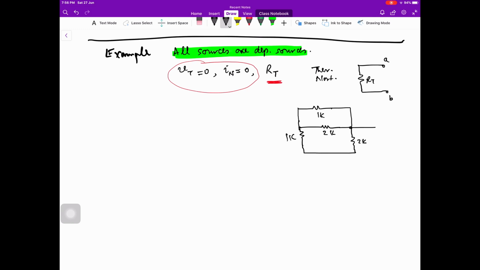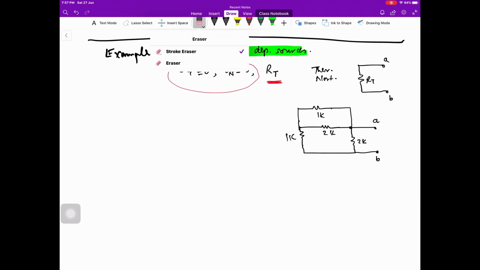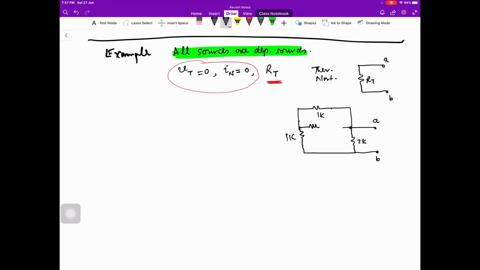We want to find the Thevenin or Norton equivalent seen from this pair of terminals A and B. This resistance is 2k and this resistance is 1k, and we have one dependent voltage source, and the voltage across this voltage source is 2Vx, and this is a voltage controlled voltage source.